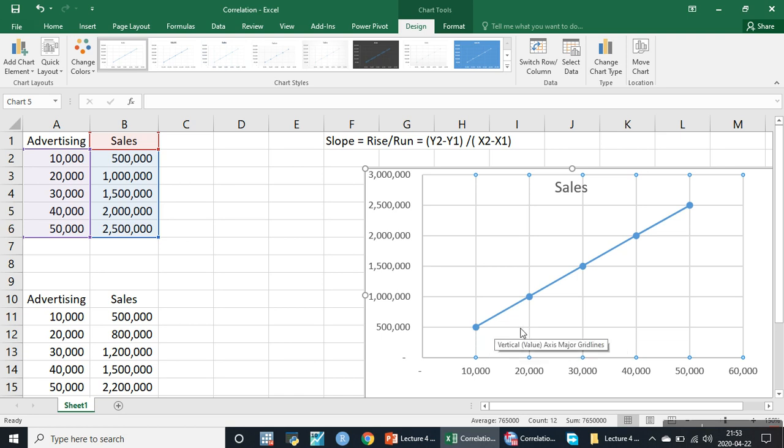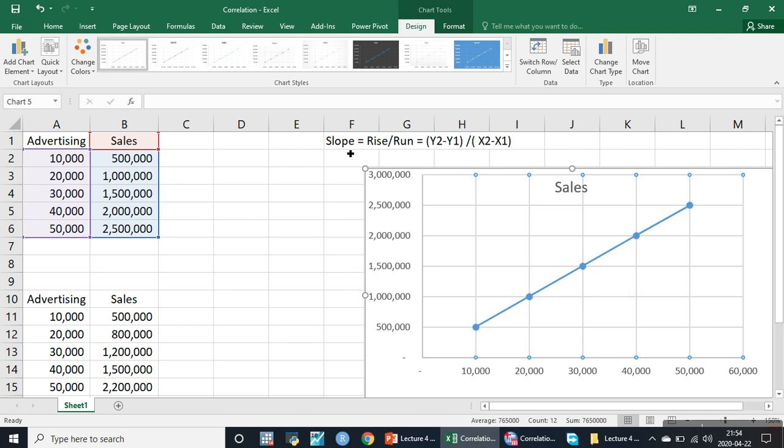Rise means vertical axis, and run means horizontal axis. So if we look at this point, when the advertising increases from 20,000 to 30,000, the sales also increase from 10,000 to 15,000. This is a slope.